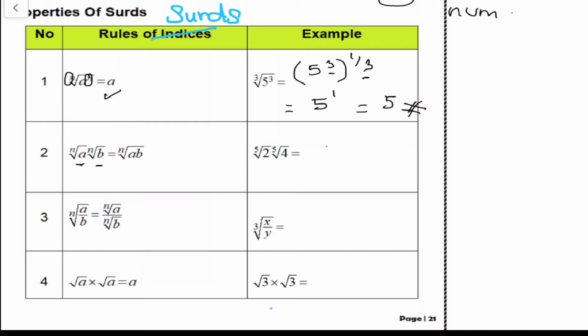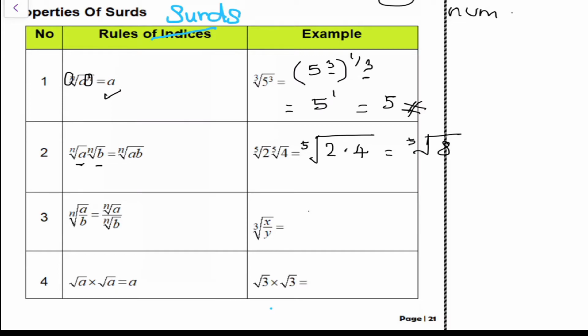For example, this one, the fifth root of 2 times the fifth root of 4. You can actually combine them together, so it will be the fifth root of 2 times 4. So 2 times 4 is equal to 8. So the answer is the fifth root of 8. Okay, so you can combine the radicands to each other.